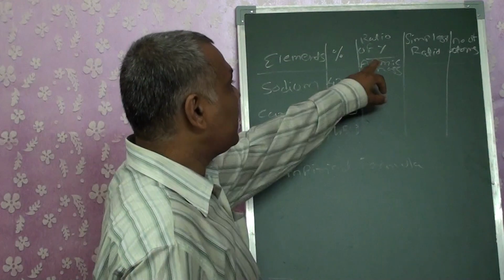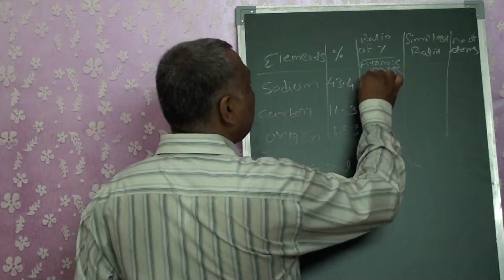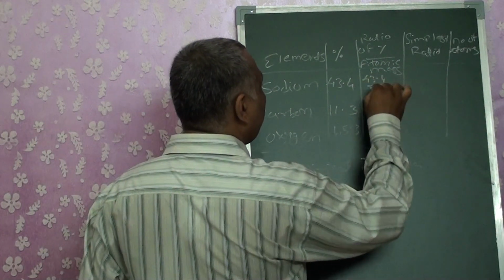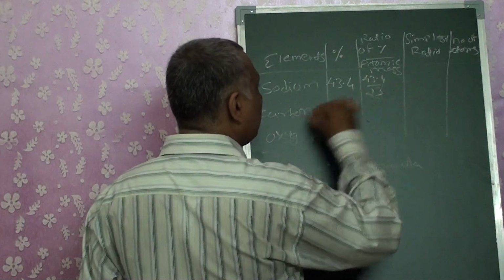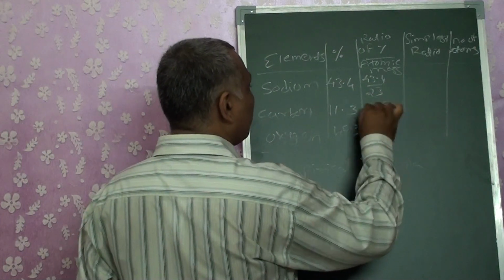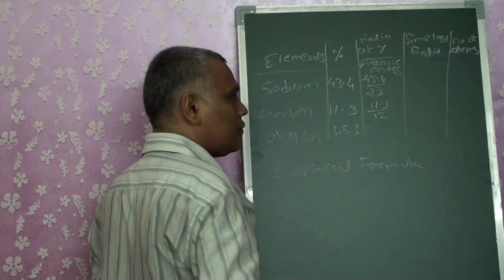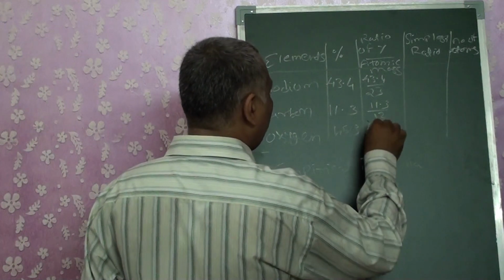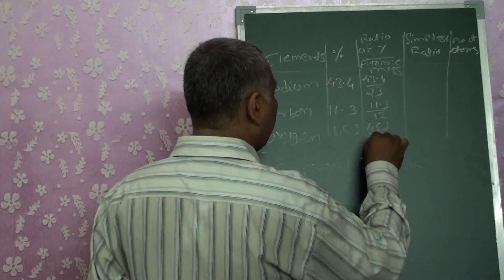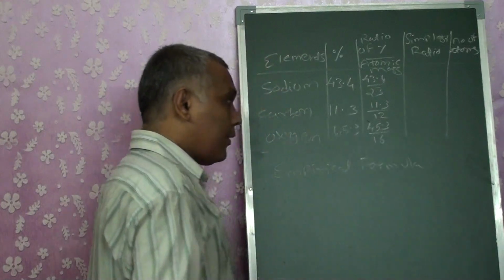We want to find out its ratio. So what will we get? 43.4 divided by 23, 11.3 divided by 12, and 45.3 divided by 16.